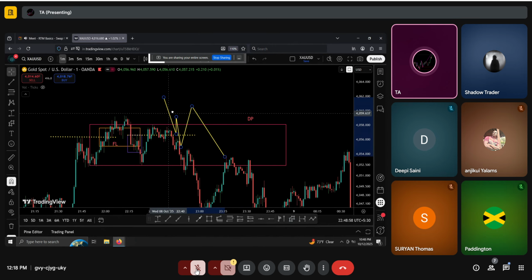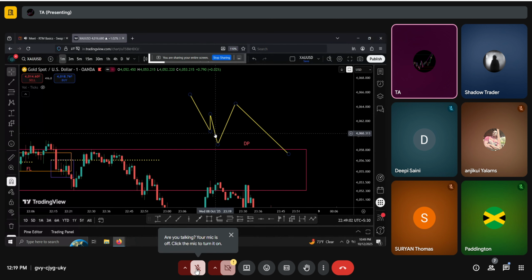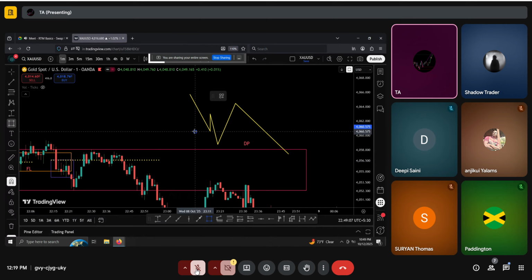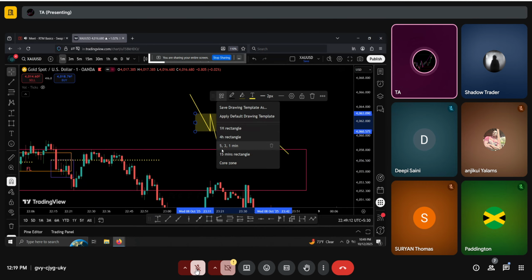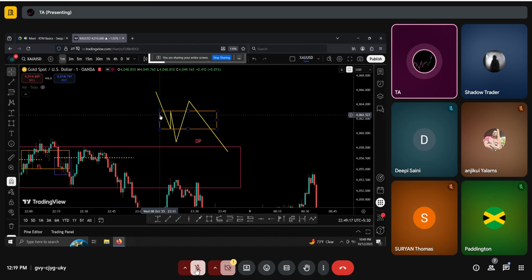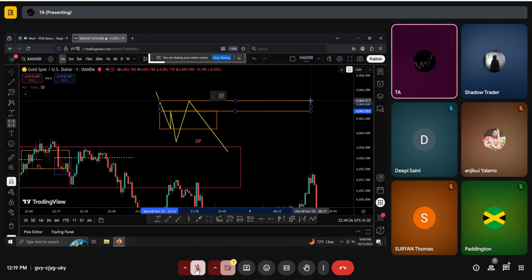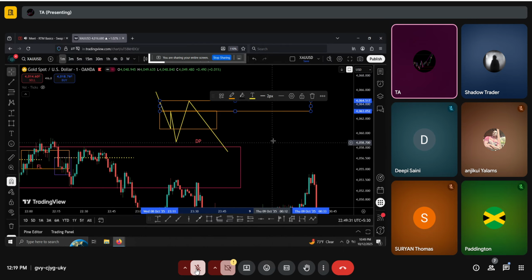This is what happened. If we take this structure here, understand what happened. Look at here. This is what happened in the price. So this zone, above this one, we call this MPL, right?